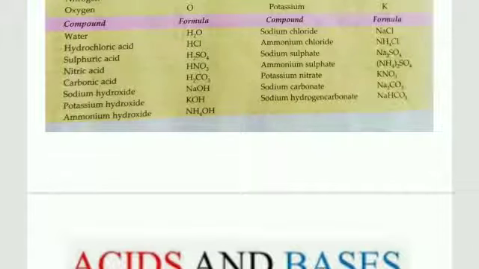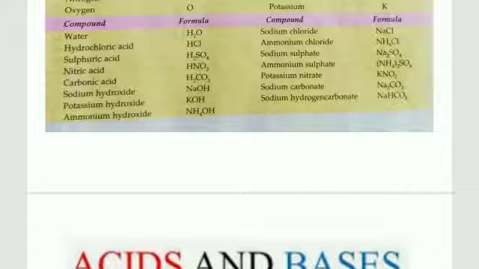Sodium hydroxide, this is a base, NaOH, strong base. Potassium hydroxide, strong base, KOH. Ammonium hydroxide, NH4OH, weak base. Sodium chloride, this is salt, NaCl. Ammonium chloride, salt, NH4Cl.